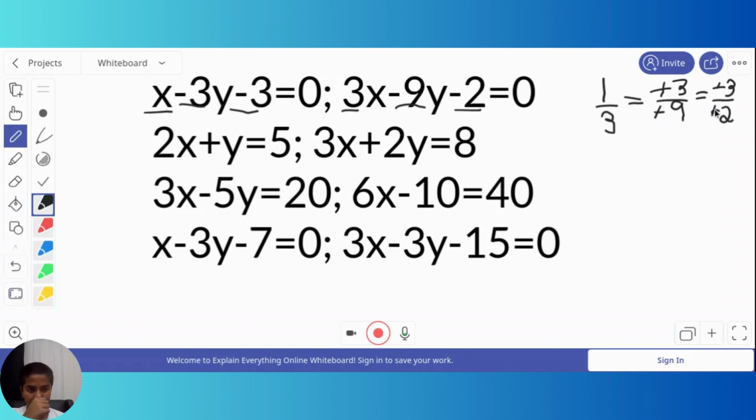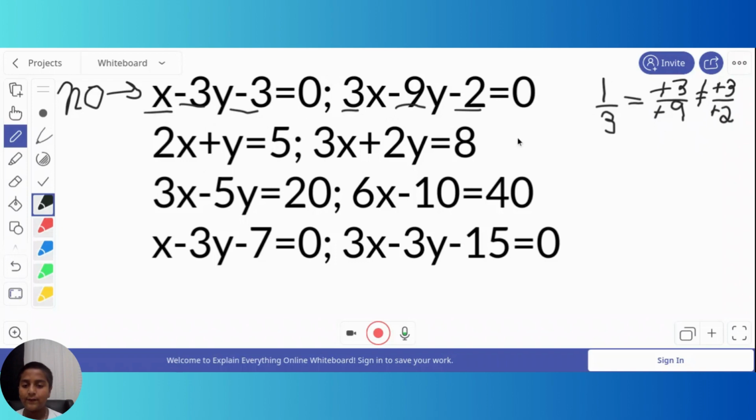So it's 1 over 3 equals 3 over 9 that does not equal 3 over 2. If you remember, you can go back to this video and see that this fits the no solution. So this first one is a no solution equation.